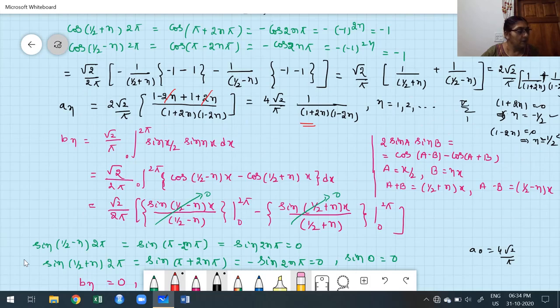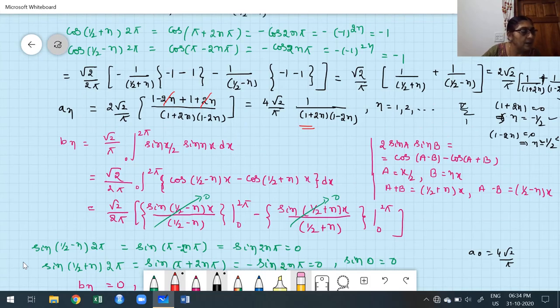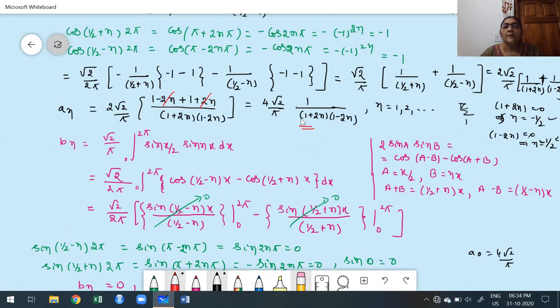Now, while writing this an, I'll do a simple simplification. Instead of 1 minus 2n, I'm writing 2n minus 1. What we get is a minus sign.